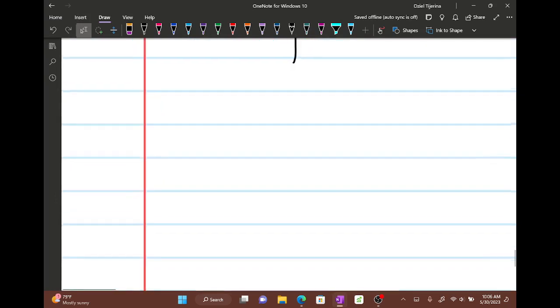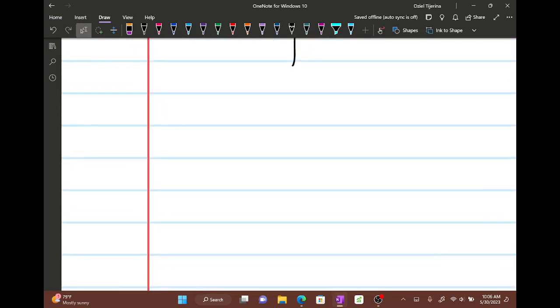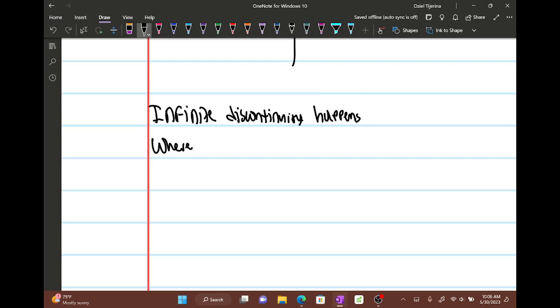So one last thing that I want to go over in this video, guys, is the idea of infinite discontinuity. So infinite discontinuity mostly happens where the limit as x approaches a of f of x from the right does not equal the limit as x approaches a from the left of f of x.